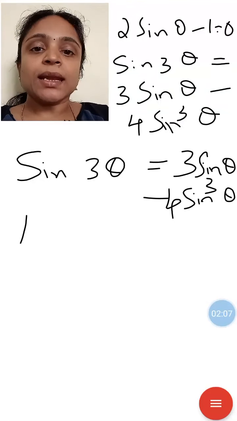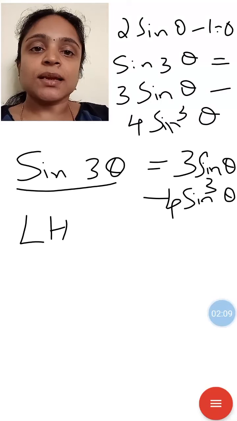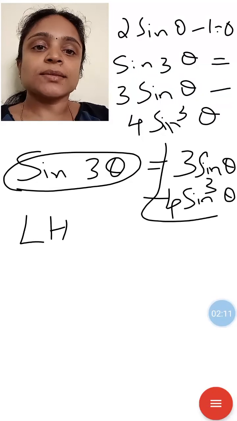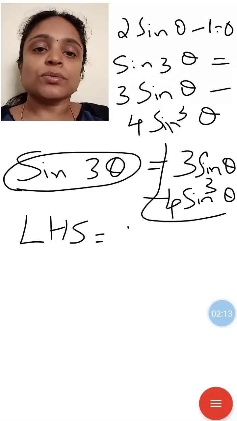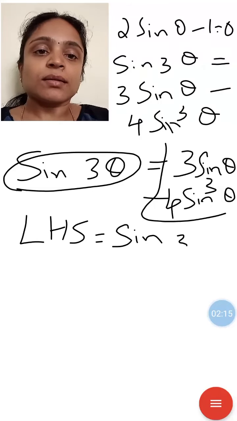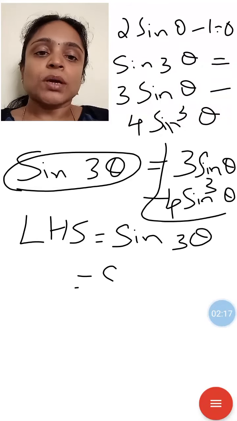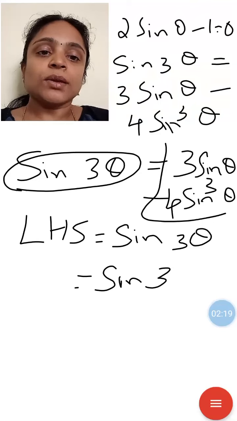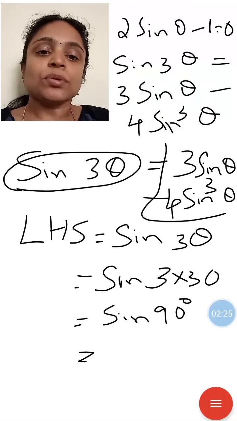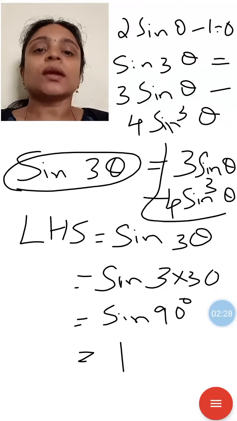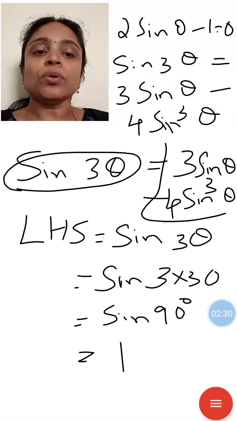So, this is the left hand side and this is the right hand side. LHS equal to sin 3 theta equal to sin 3 into 30 equal to sin 90 equal to, what is sin 90? 1. So, you got LHS equal to 1.